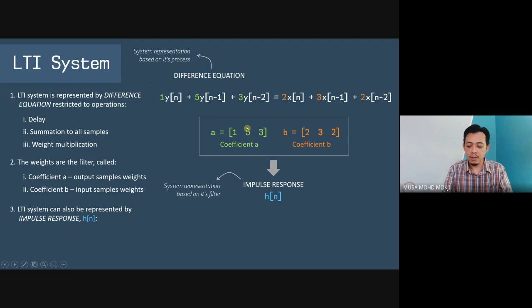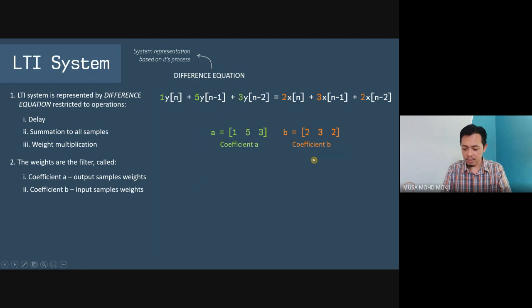So this is what we call a difference equation, and then we have coefficient A and coefficient B.